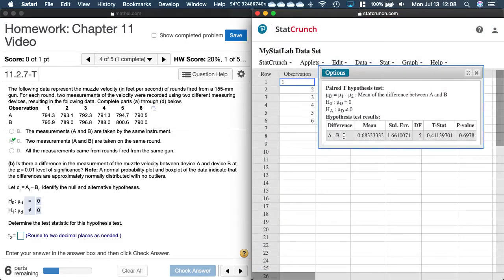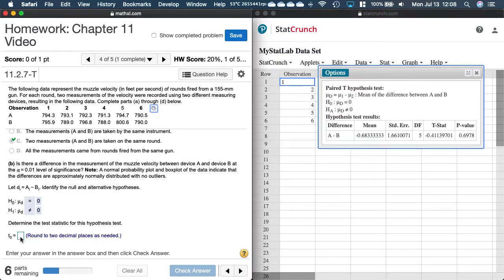Here are our differences. You take 794.3, subtract 795.9, and that gives you a difference, and we have six of them. The mean is negative 0.688. Degrees of freedom is 5, n minus 1. Our t test statistic we need to round to 2 decimal places, so negative 0.41.